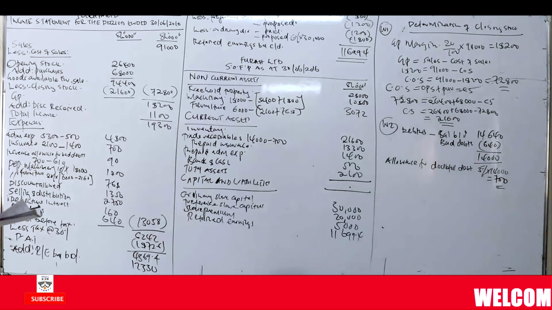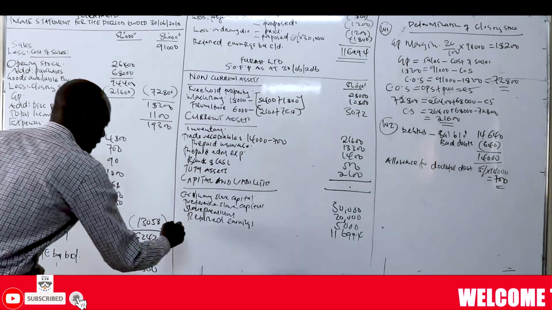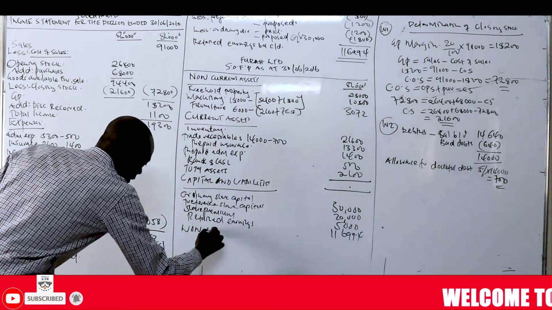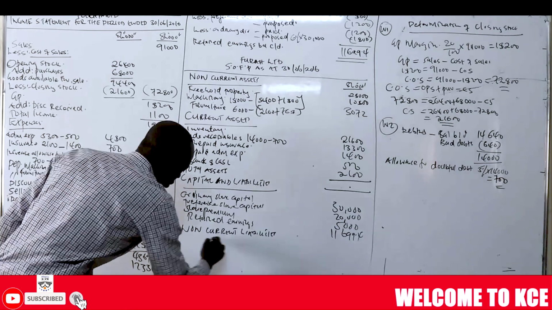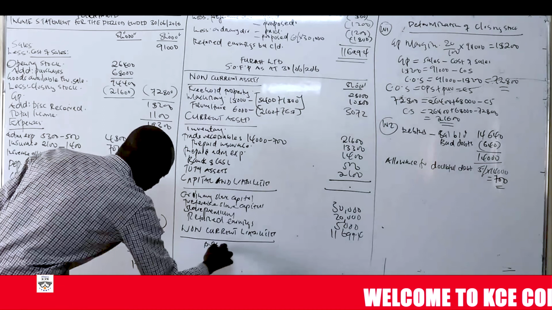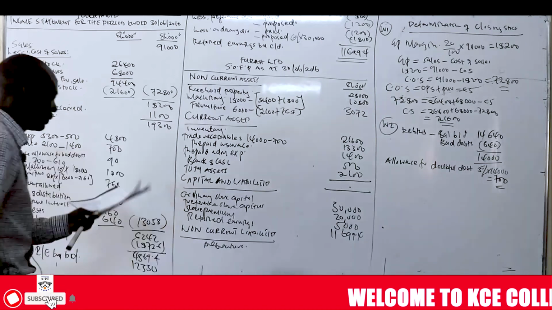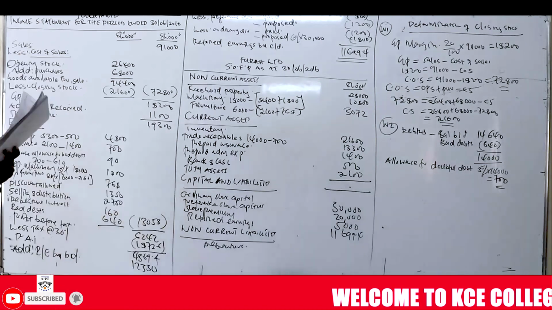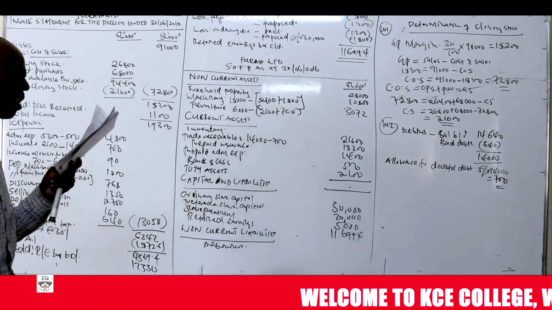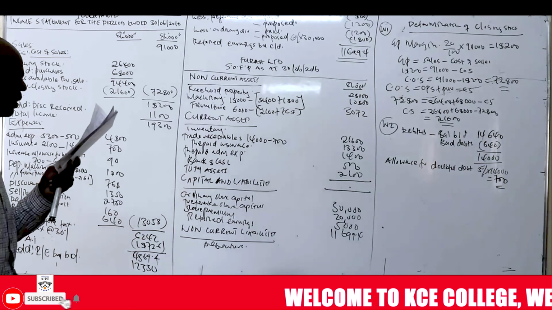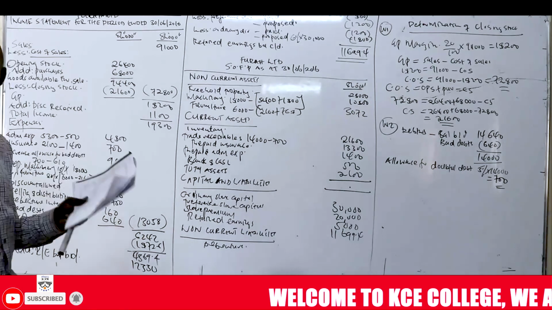And then we have non-current liabilities, which is debentures. How much is it? Debenture 2,000. Is it 2,000? 2,000.